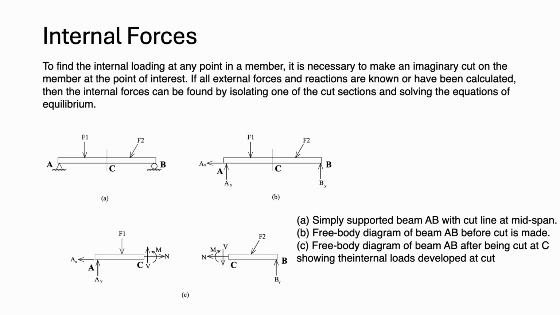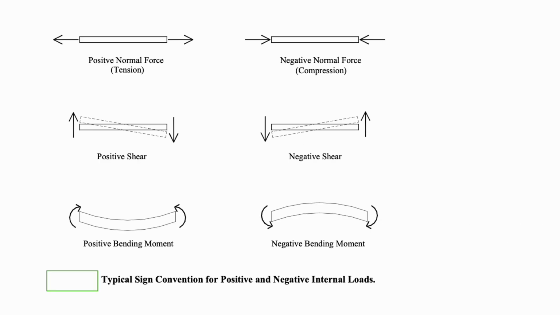If we are cutting from the right, we need to find the forces from external load F2 and from the reaction at point B, BY. Normal forces are positive only if they are in tension, if they are pulling. If they are pushing, we will have a negative normal force, or compression.